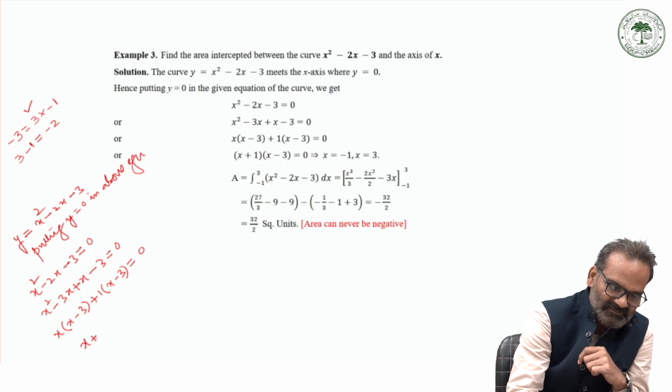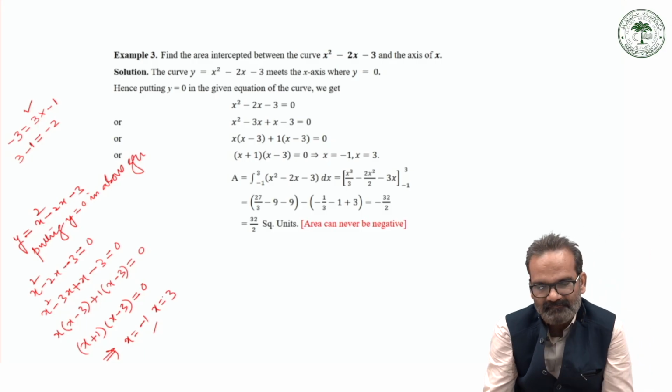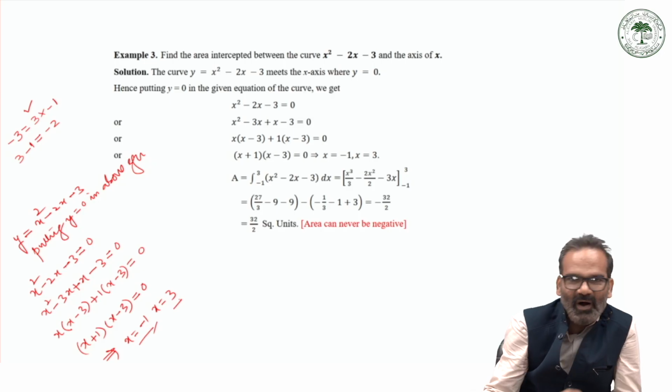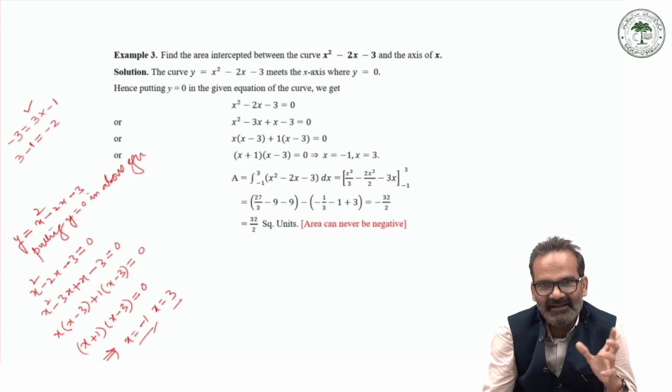So we get x plus 1 and x minus 3 equals 0. So this implies x is minus 1 and x is 3. Right?